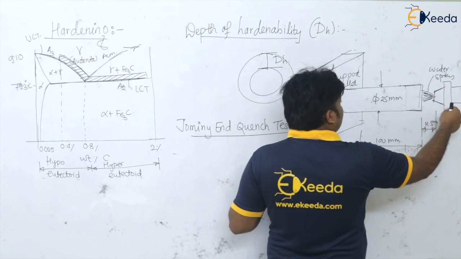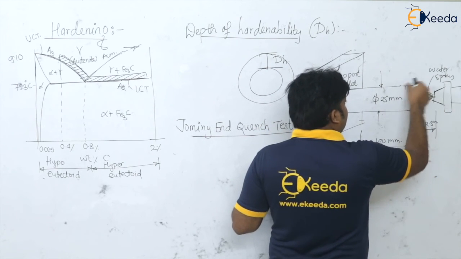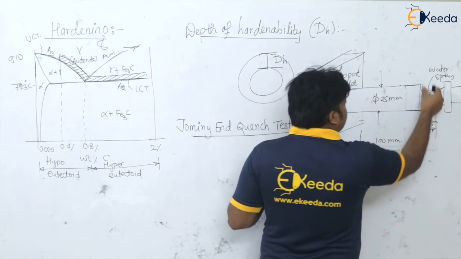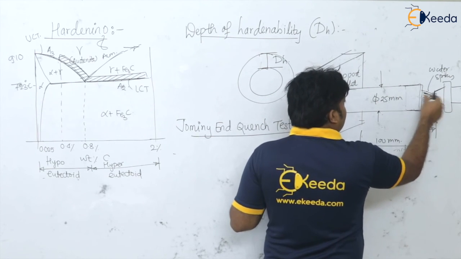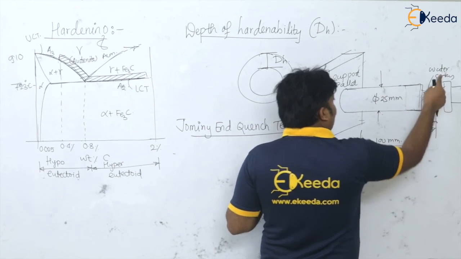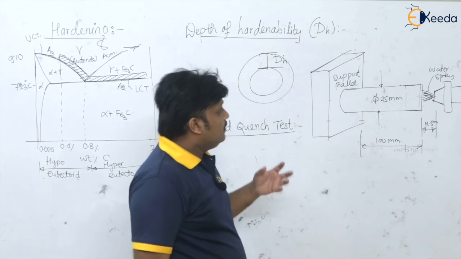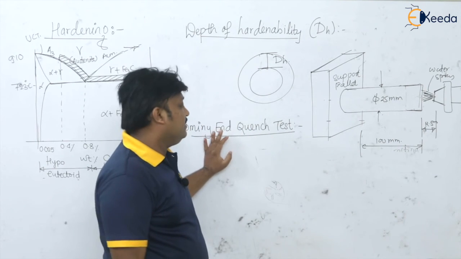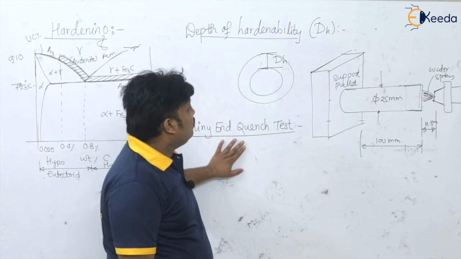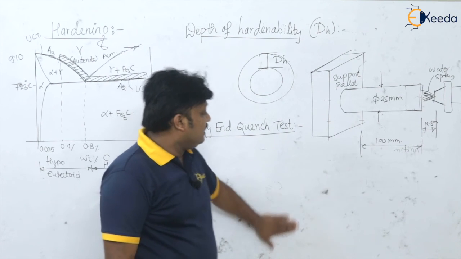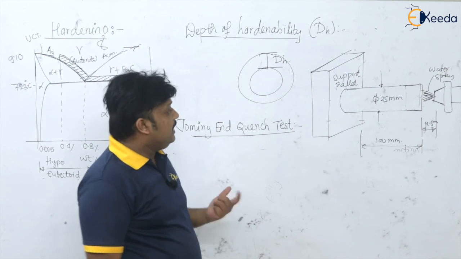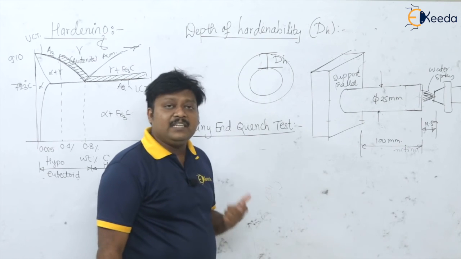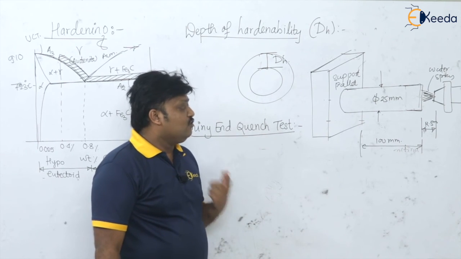So we are quenching from this end. We have this bar, heated up to the austenitic region, and we are quenching it at the end by using this water spray, and simultaneously we are measuring the hardness, isn't it? So this is actually the Jominy end quench test, which can measure up to what depth the material becomes harder and stronger.